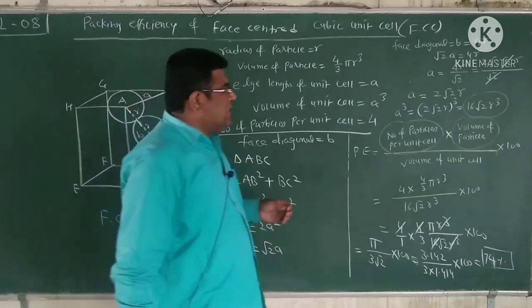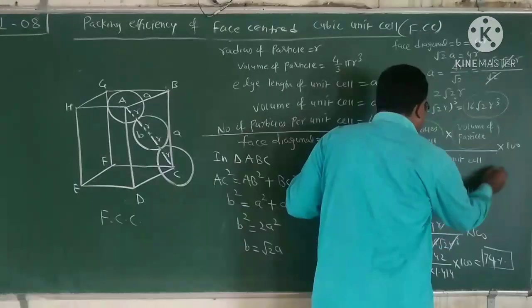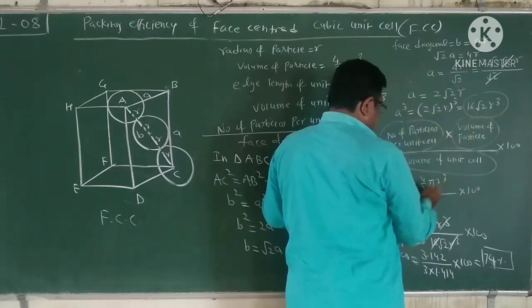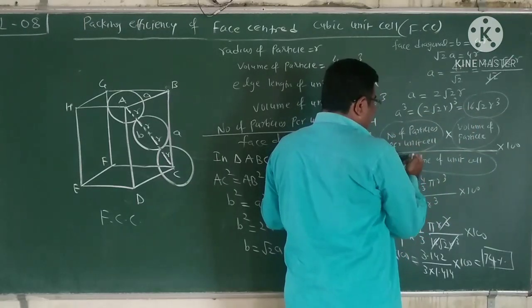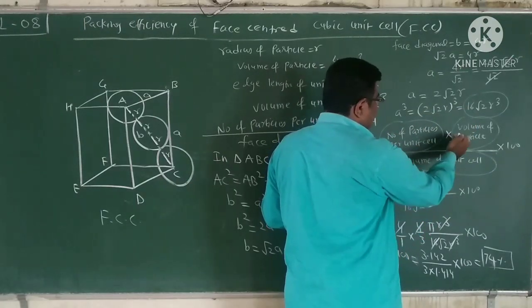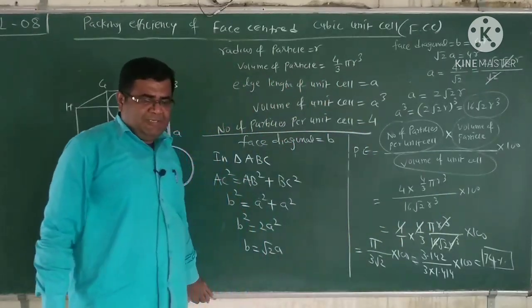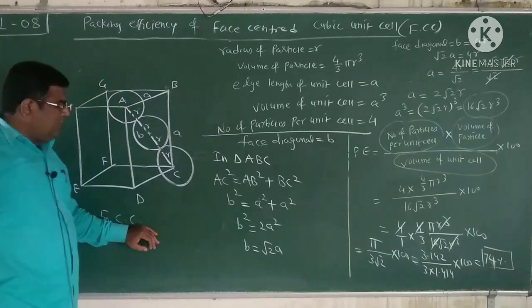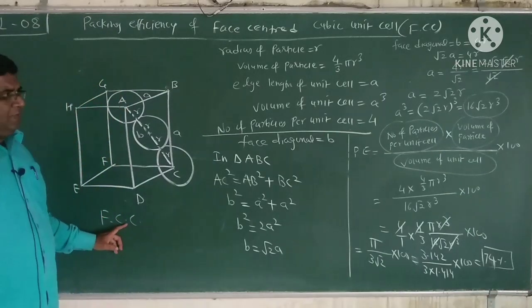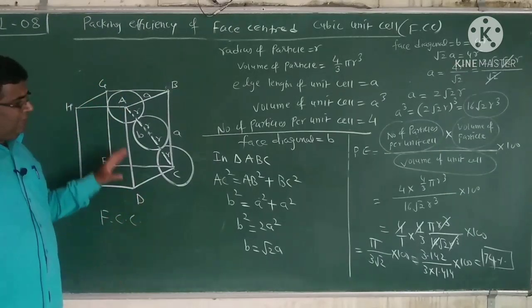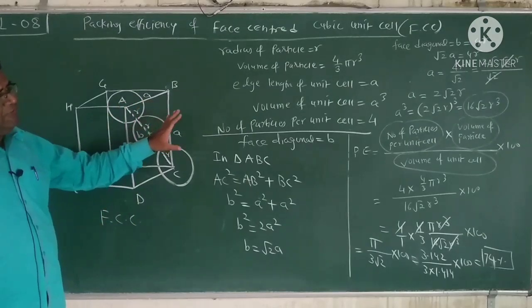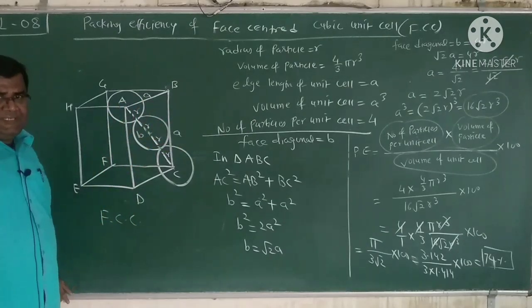Volume of unit cell is nothing but A cube, so we have substituted this here. Number of particles per unit cell is 4 because of FCC. Volume of particles 4 by 3 pi r cube multiplied by 100. So this is all about the FCC. A question can be asked for 3 marks. Diagram, description, and formula of packing efficiency carry marks.